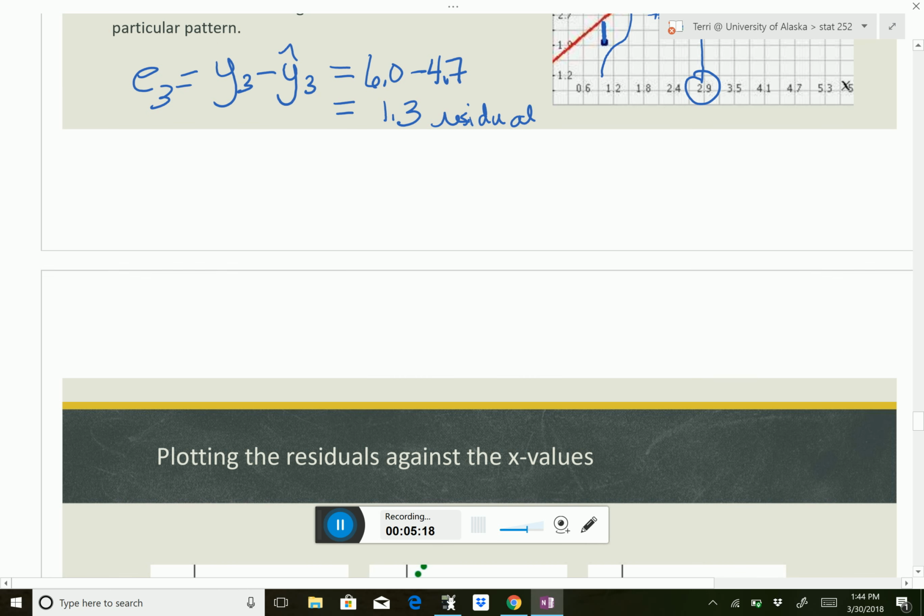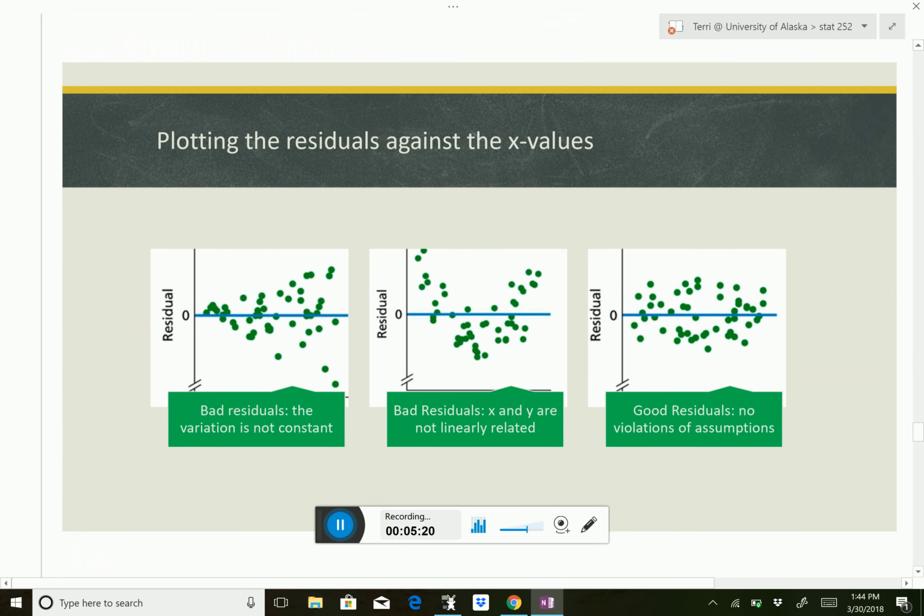So what we're going to do is plot the residuals against the x values. Here I have my x values on the x-axis, just like usual, but I'm going to plot my residuals instead. When x was a really small number, the residuals were close to 0.